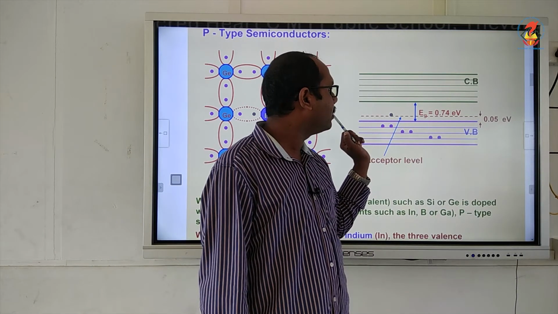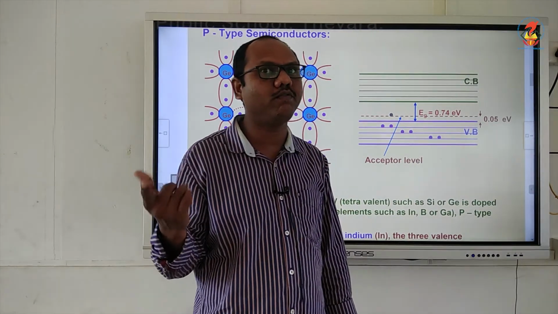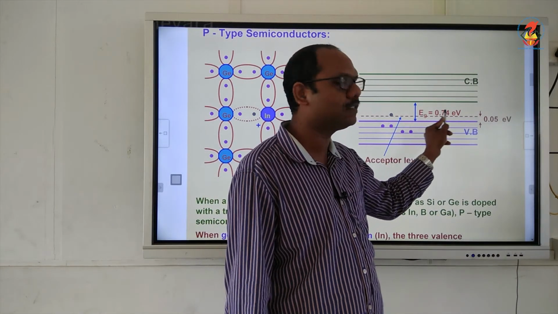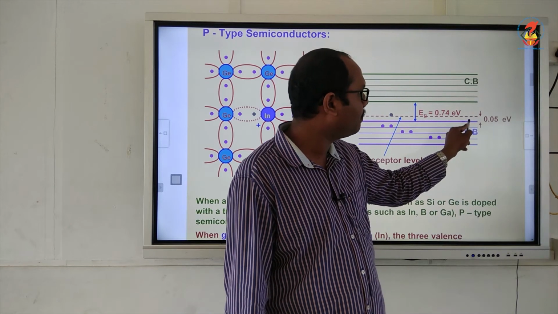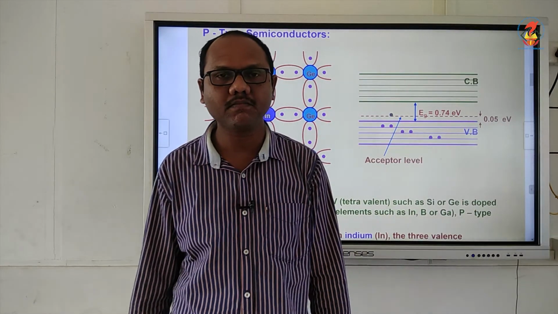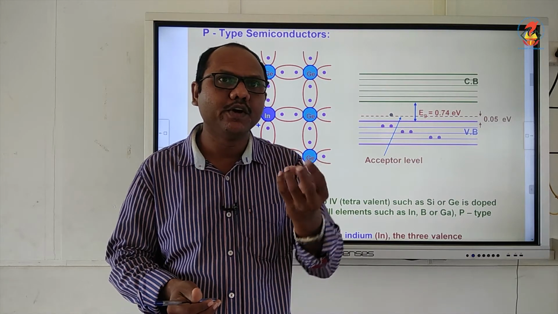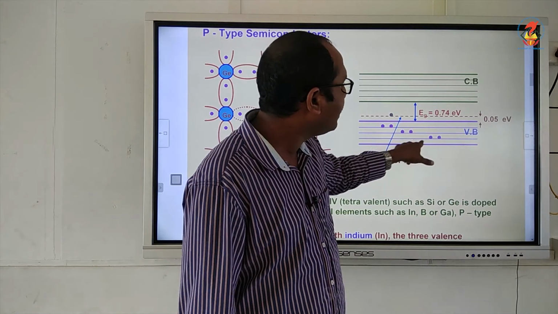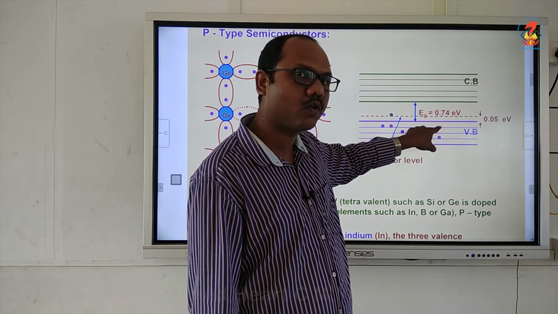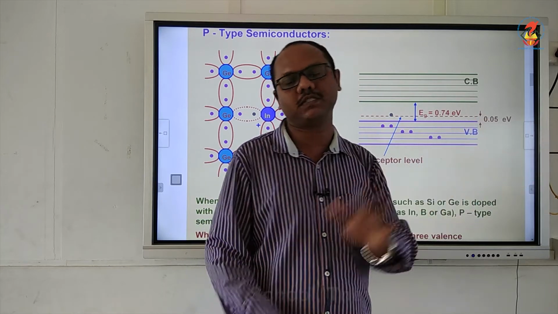Therefore, the acceptor energy level which arises due to the creation of holes will lie somewhere just above the valence band, and the energy gap between the valence band and the acceptor level is 0.05 electron volt. Then what will happen? If I give a very small energy, electrons from the valence band will break the bond and jump towards this acceptor level and fill those holes.